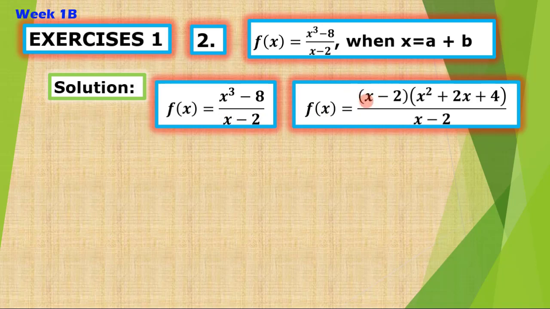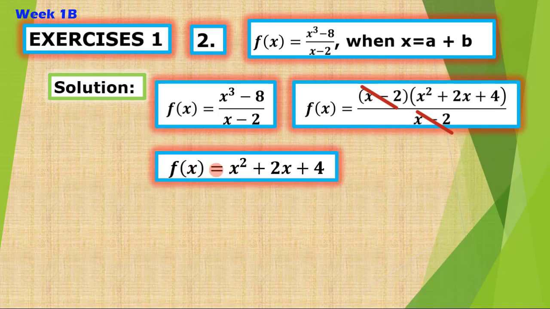The factors are (x minus 2) times (x squared plus 2x plus 4). And we just copy the denominator. Since we have the factor x minus 2 in the numerator and the same in the denominator, we cancel this out, leaving us with f of x equals x squared plus 2x plus 4.